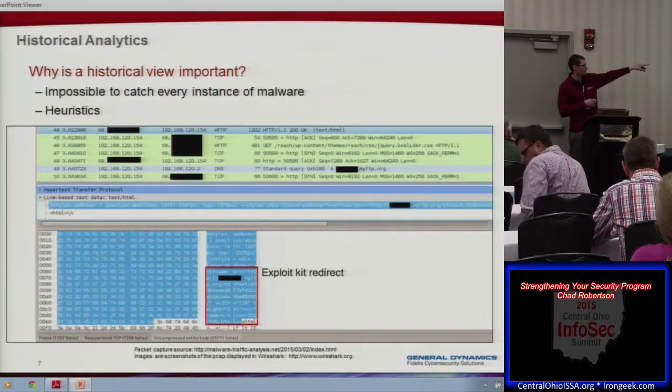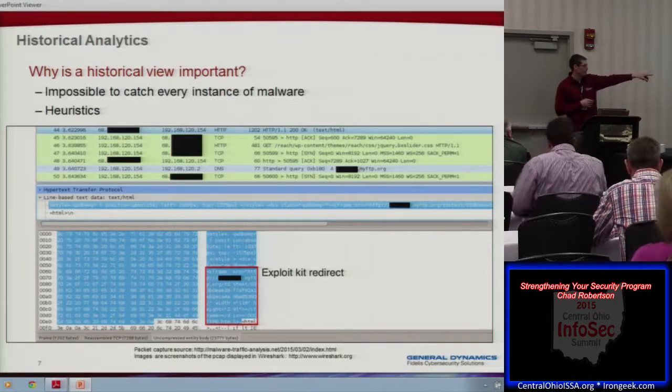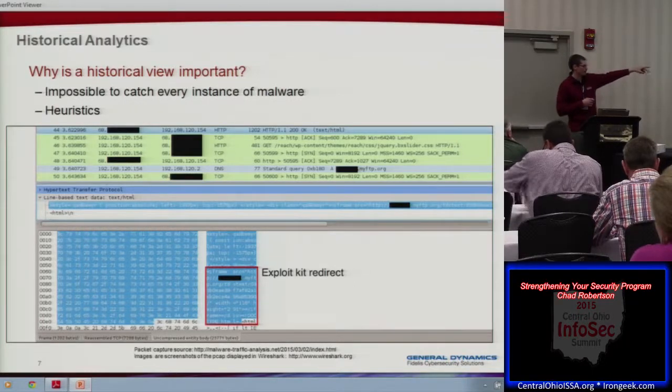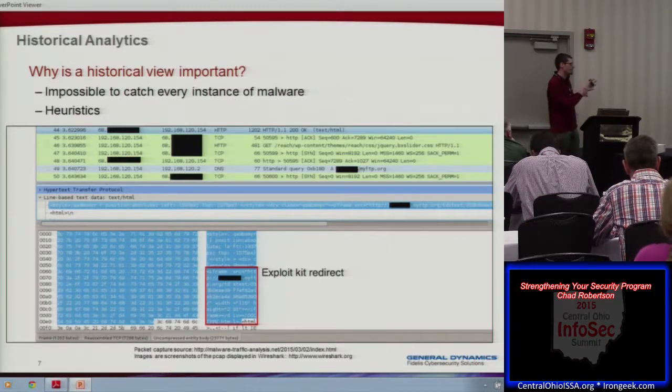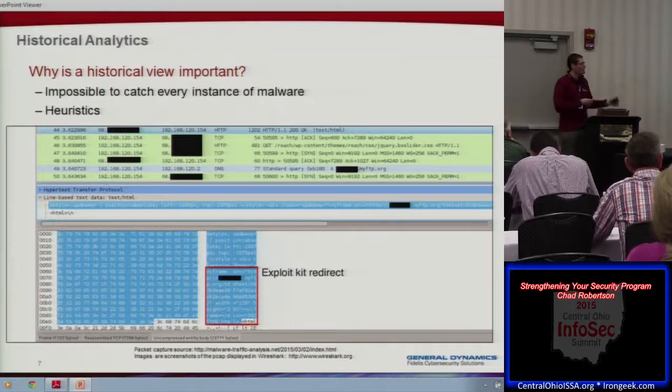We have IPs. That's an individual, an atomic indicator. We have a URL. There's an iframe. So this is an exploit kit. There's a URL, and so historical analytics is being able to look at this in the past and do something about it or detect it having happened previously. So we do this currently, but how might this look historically?